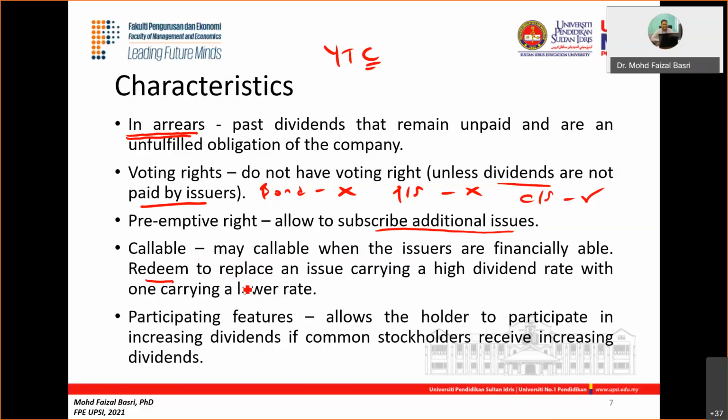But the difference between the callable feature for bonds and preferred: bonds have maturity, but preferred stocks don't have maturities. This callable feature will usually be specified in the contract, including when the call period will be. So preferred stocks are allowed to be called within that specified period only.